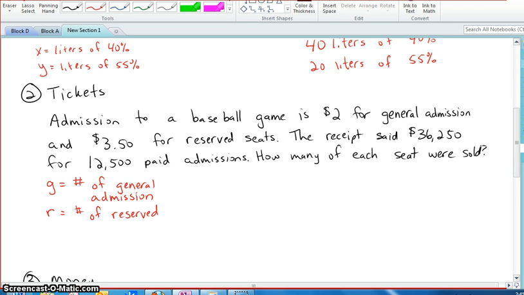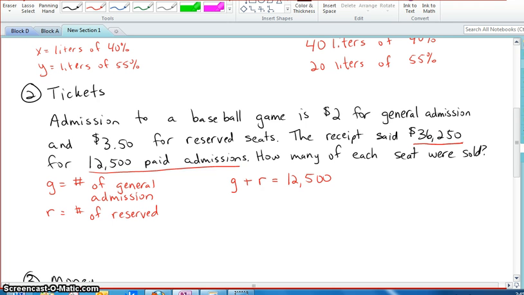So what do I know? I know that altogether there's 12,500 tickets that were sold. So that means the number of general admission plus the number of reserved seats equaled 12,500 seats sold. I know that $36,250 was earned.